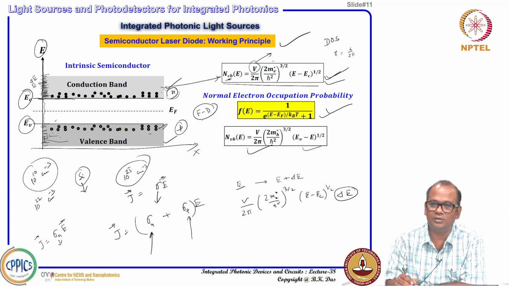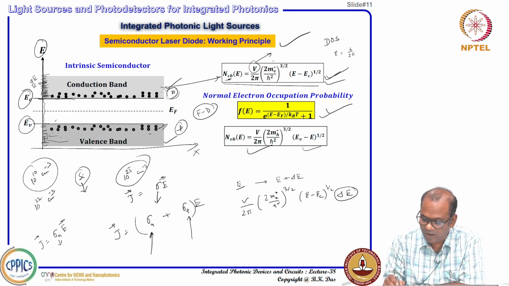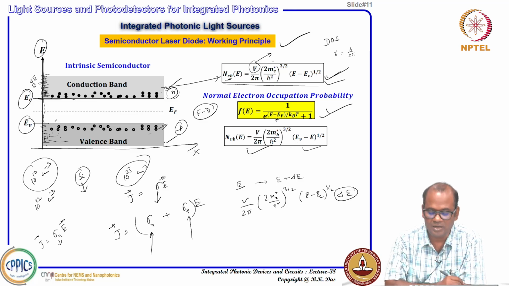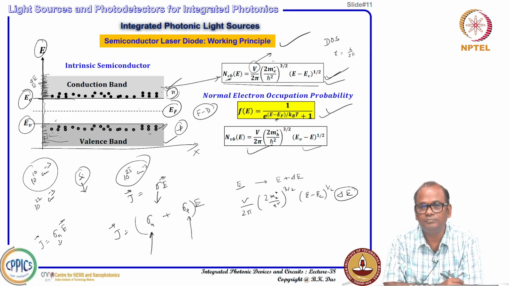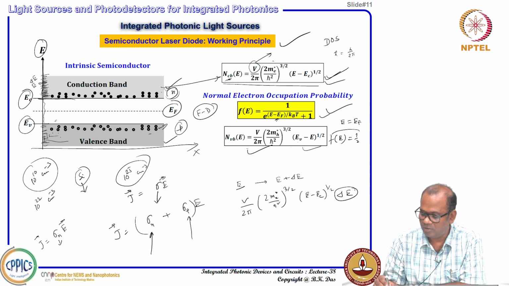That occupation probability normally follows the Fermi-Dirac distribution, and that expression is this one, where we have defined another additional energy level called the Fermi energy level. According to this expression, when E equals E_f, that means f(E) will be equal to half.